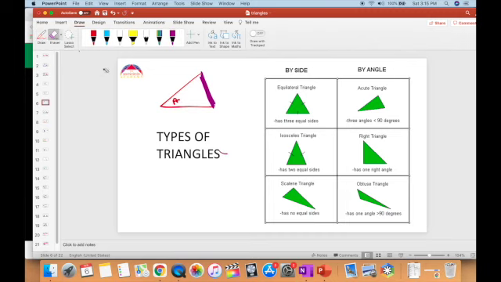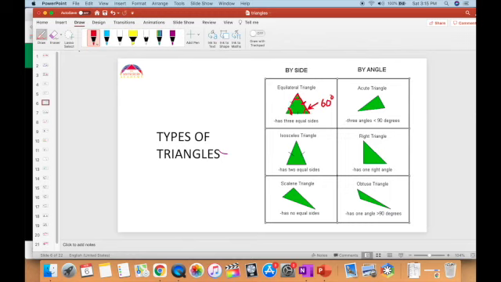Now the equilateral has 3 equal sides and 3 equal angles. And this equilateral will always be 60 degrees. So think about it. If this side has this length, this side is determined by this angle.